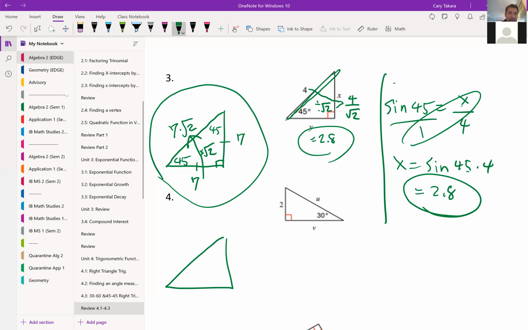So if I have a question like this, if this is 6, and if I ask you to find x, what is x? Well, in this case, you multiply by square root of 2. So the x will be 6 square root of 2. That's it. And it's really easy, isn't it?